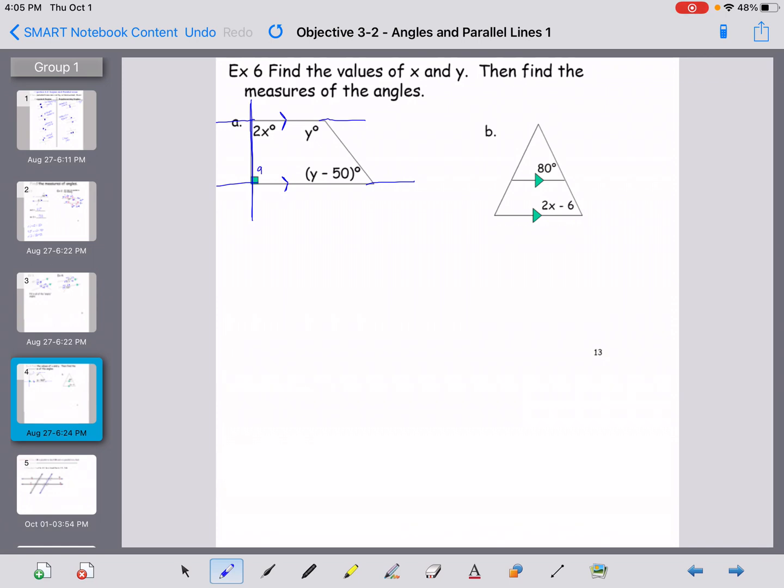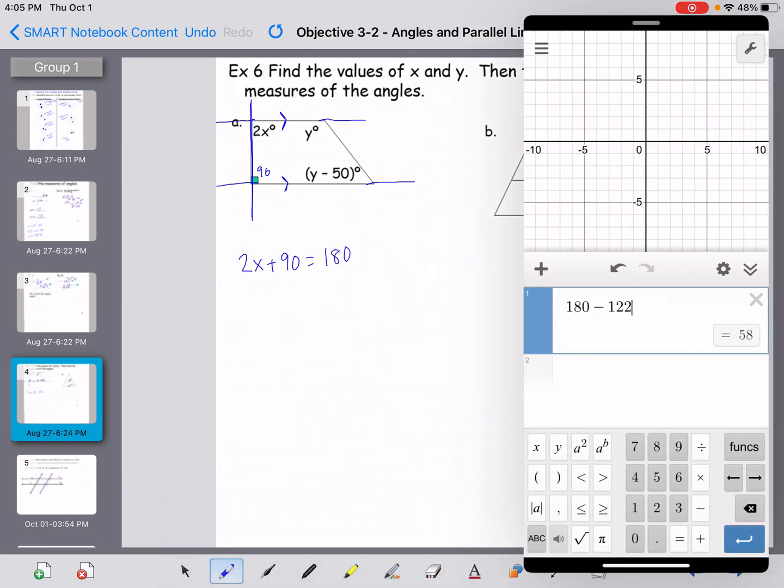Yes, 90 degrees. So when I say 2x plus 90, what will it equal? Right, they're consecutive. I forgot to say they're consecutive interior. So let's pull out my little handy dandy Desmos, my little buddy. 90.